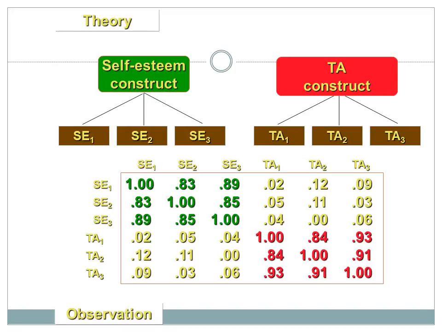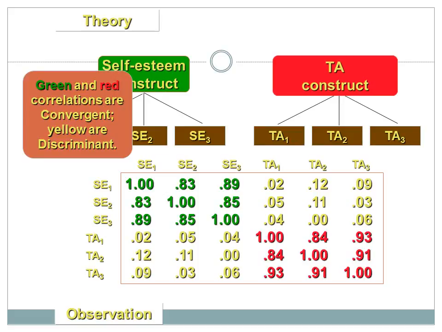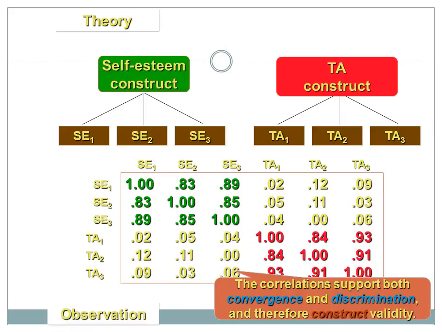In the bottom right, the items in red are the correlation between the 3 test anxiety items and each other. And there you can see evidence of convergence. All the correlations are high. And then you see divergence in the cross correlations, in the multi-trait correlations. In other words, self-esteem's correlation with test anxiety, and test anxiety's correlation with self-esteem. And so they tell us that there is convergent and discriminant validity.